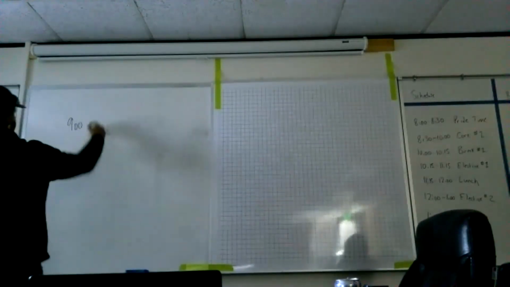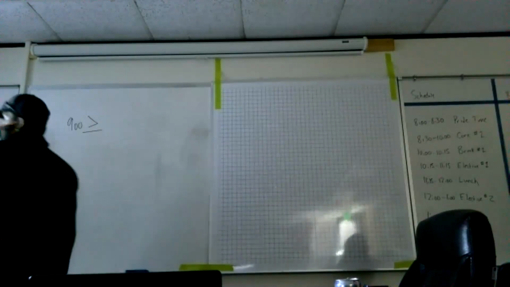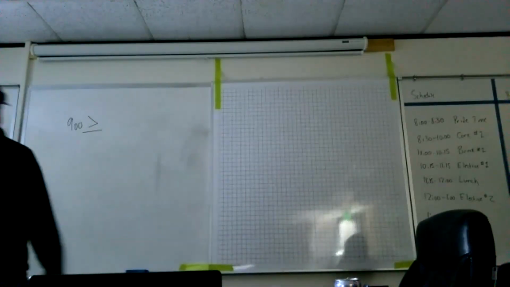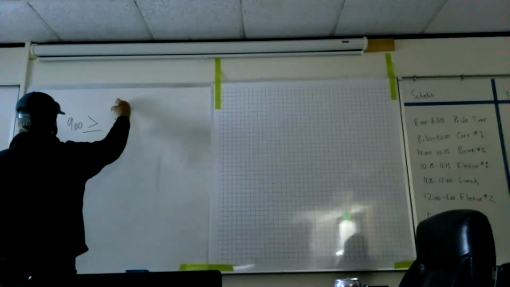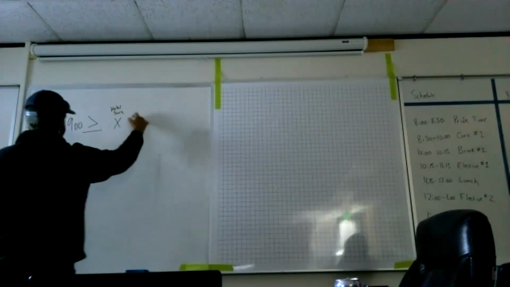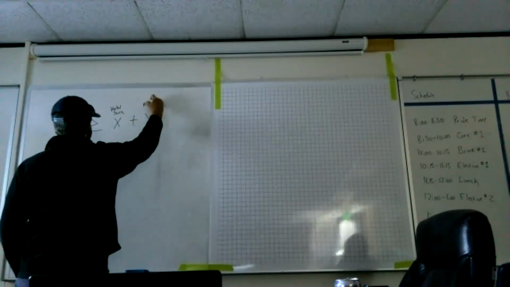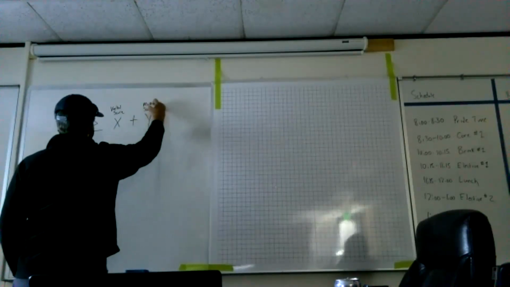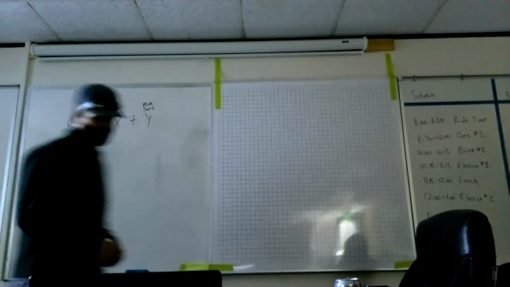X represents the verbal score, and if we add that to the math score, these two added together need to be less than 900.